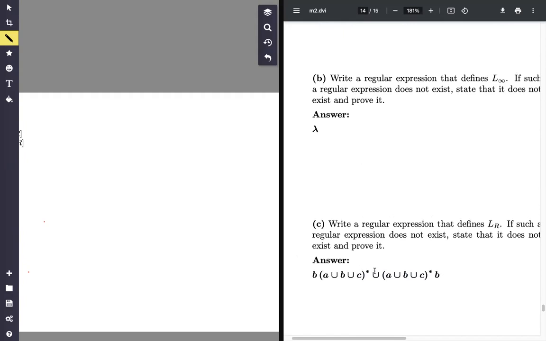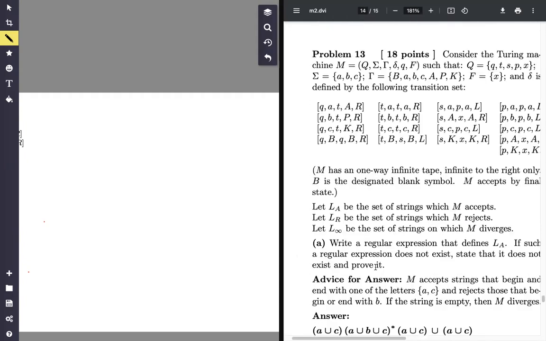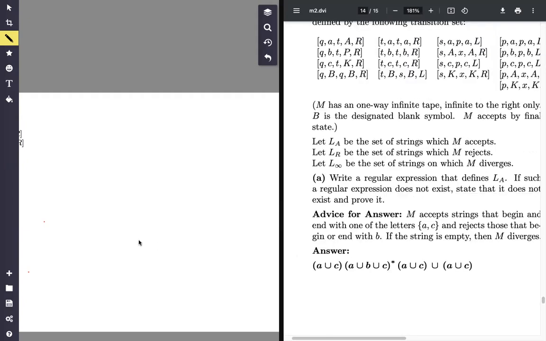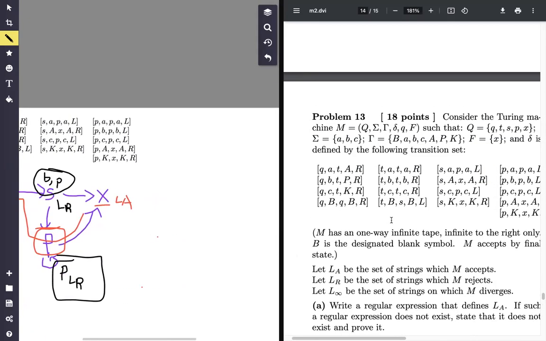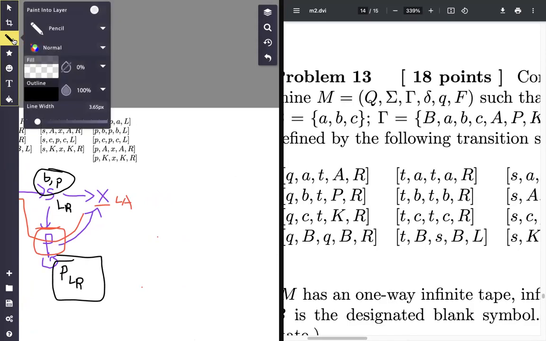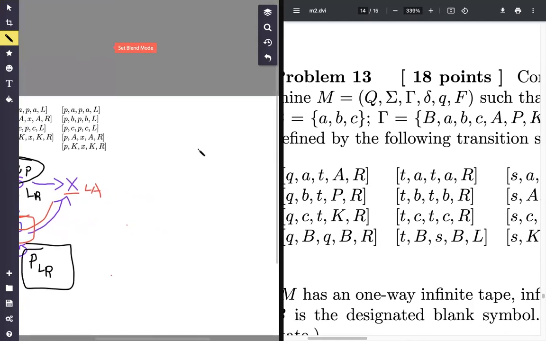Oh no, it's not. It is. But we'll actually generate it. Okay, so let's start. So we want to go from Q to T because we want to go to state S and halt there.